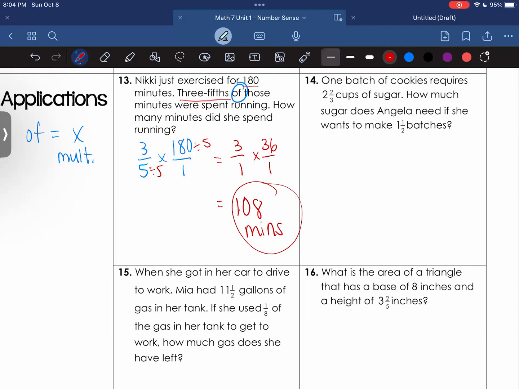Go ahead and also finish number 14, 15, and 16 on your own.